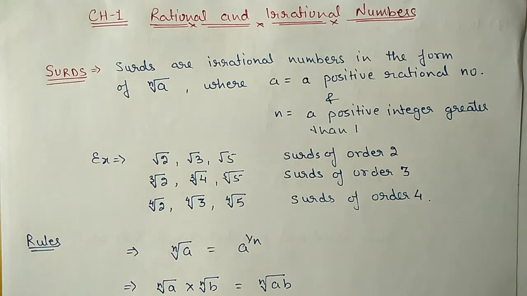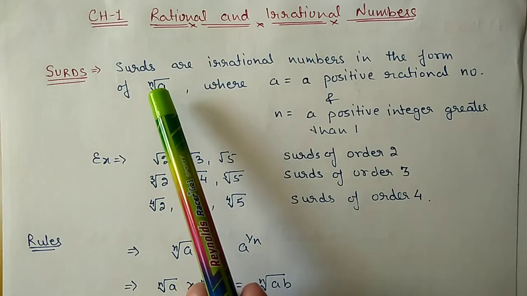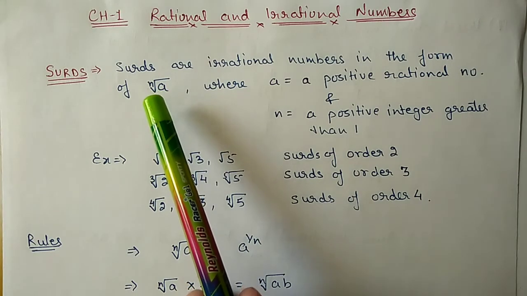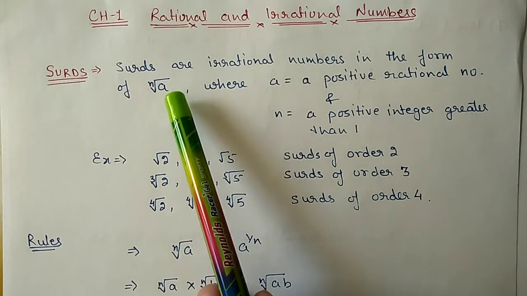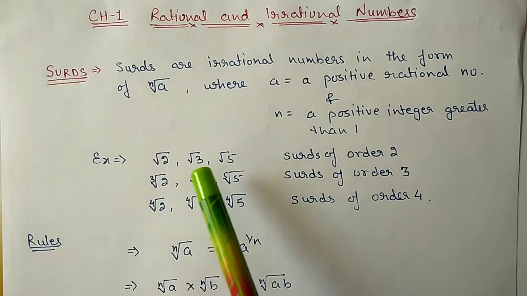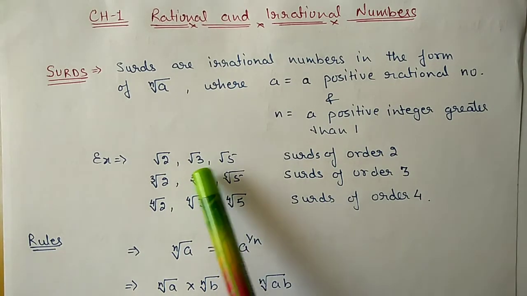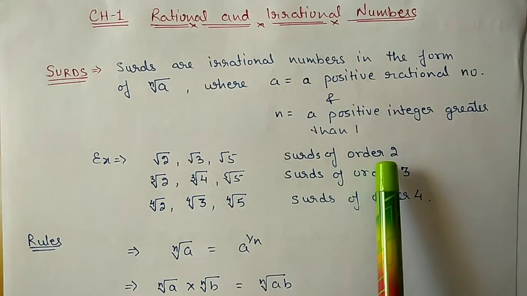Surds are irrational numbers in the form of nth root of a. Here n is any positive integer greater than 1, and a is any positive rational number. For example, root of 2, root of 3, root of 5 are surds of order 2.